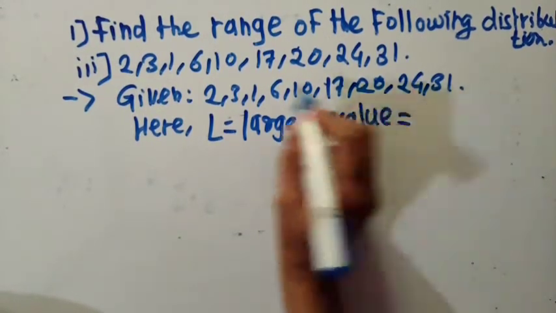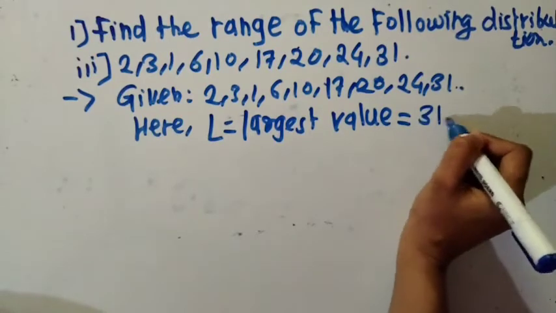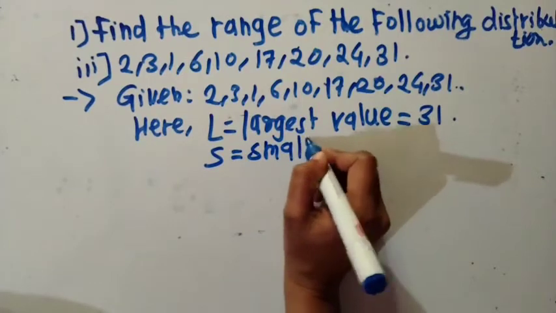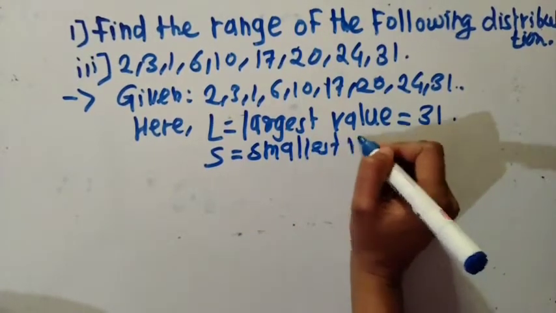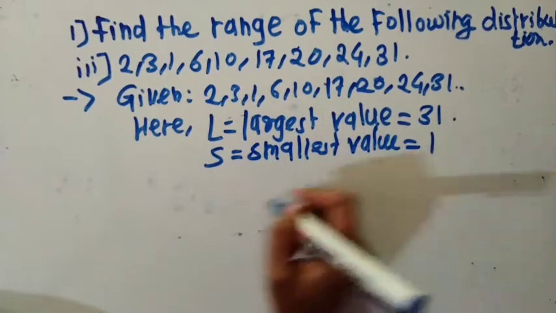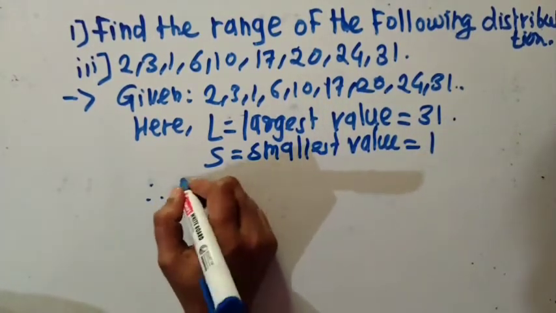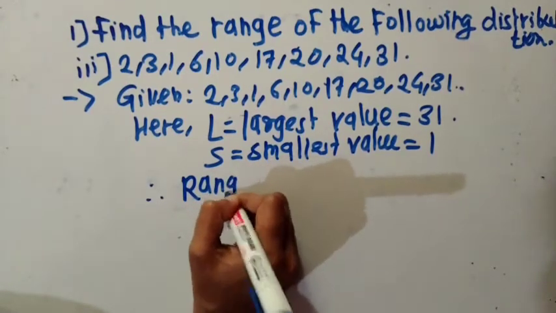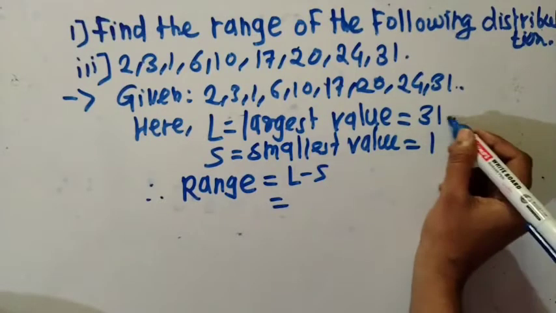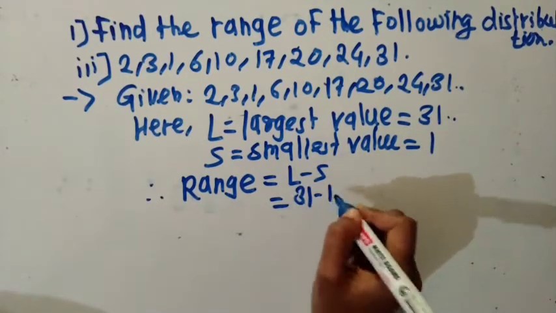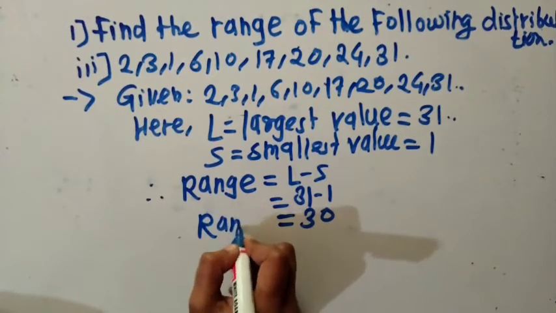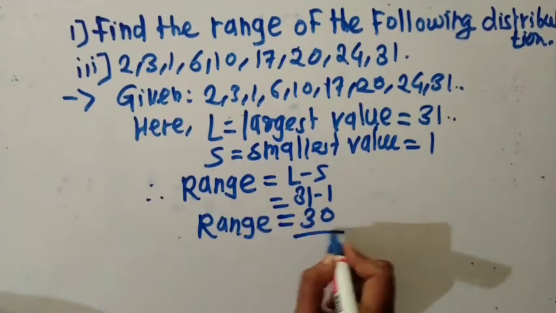Here largest value is 31 and S is the smallest value, and smallest value is equal to 1. Hence range is equal to L minus S is equal to 31 minus 1 is equal to 30. Hence range is equal to 30.